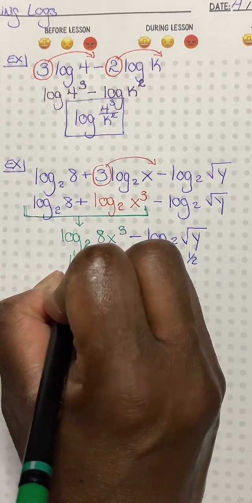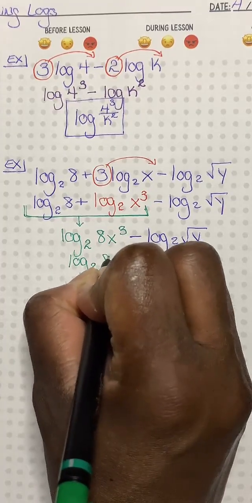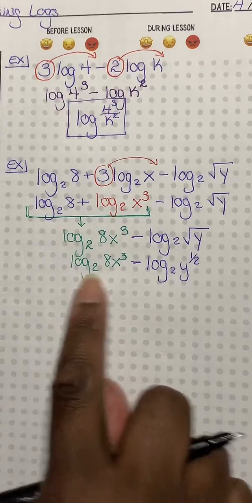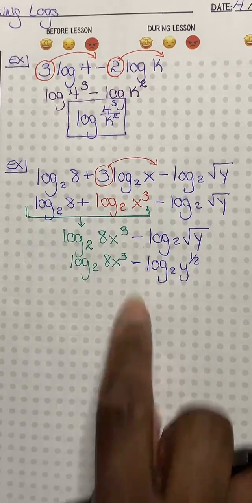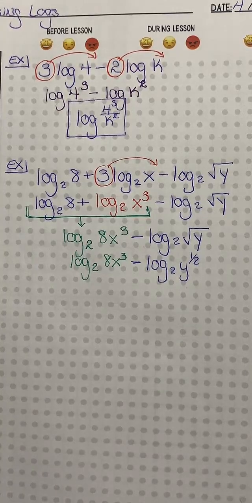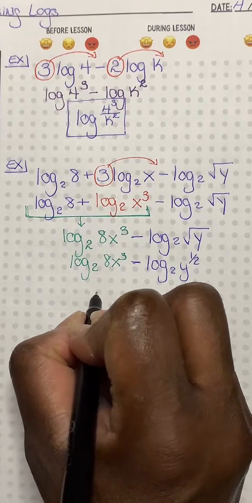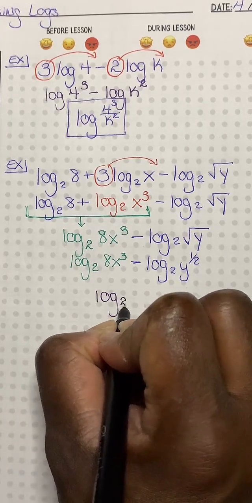So if you want your log base 2 of 8x cubed, now we have the same logs, and since it's subtraction, that means we're dealing with division. So you write your log base 2.